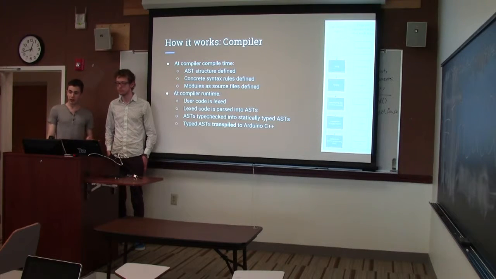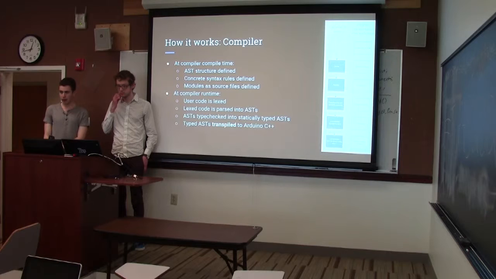We then type check that with static typing, which helps keep the language lightweight, into statically typed abstract syntax trees, which also makes the transition to C++ a little easier. Finally, we take those typed ASTs and we transpile them to C++. So we don't actually compile the language to binary. We just translate it to C++ that's already fit to be compiled to the Arduino.